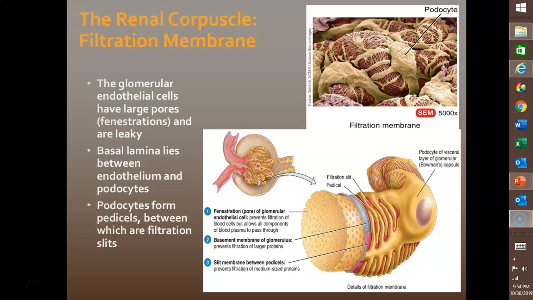So just like we saw with capillaries everywhere in the body, filtration is going to be driven by the force of the fluids and the solutes that are in those blood vessels.